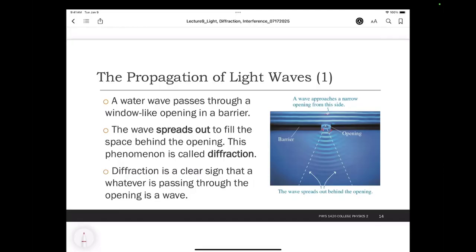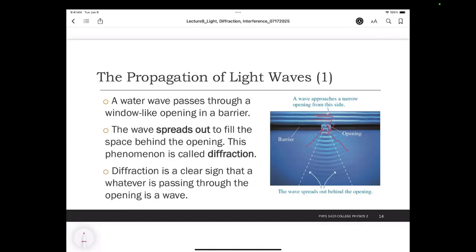This is a water wave. It goes through this window, and you can see the wave spread out to fill the space behind the opening. Now, this phenomenon is called diffraction.